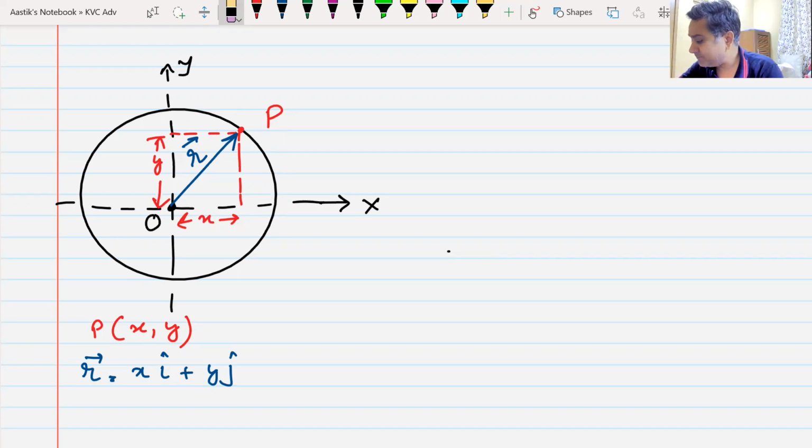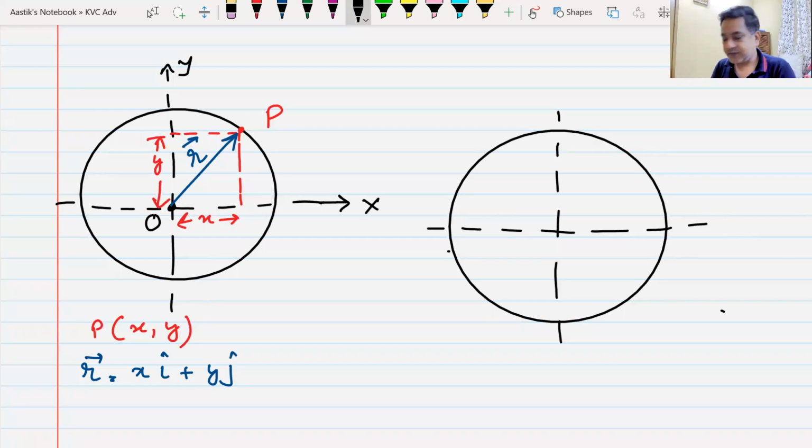But if we understand one thing, and what is that one thing that we have to understand? We can obviously define your circular motion or find out your circular motion in this way, but I can also do it in a different way. See, this is again my x-axis, this is again my y-axis, nothing changes here.